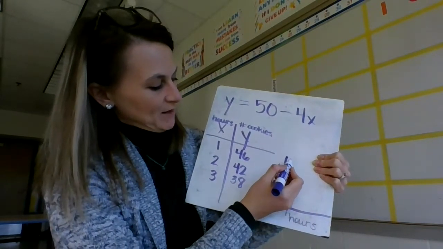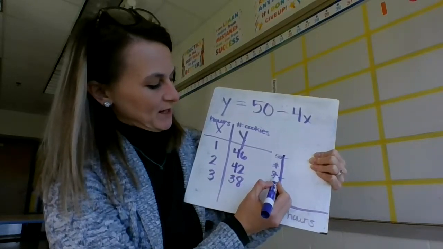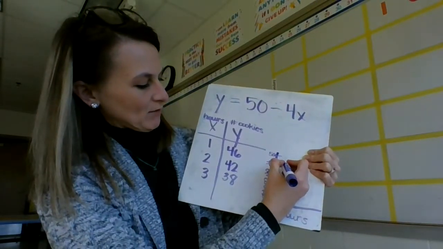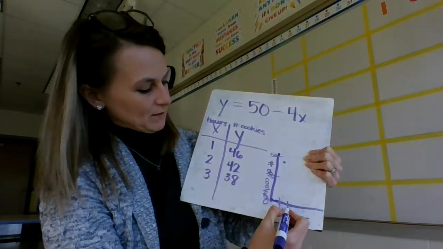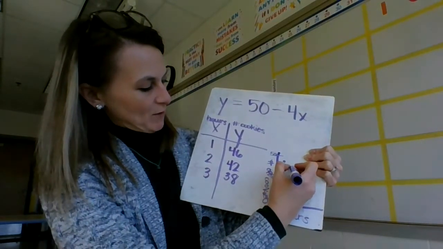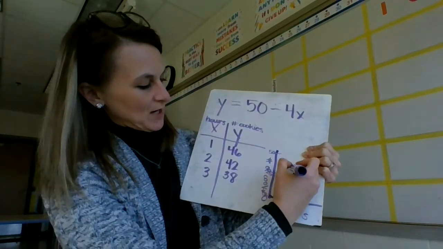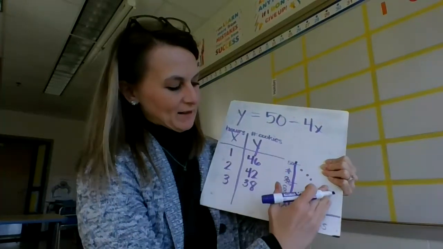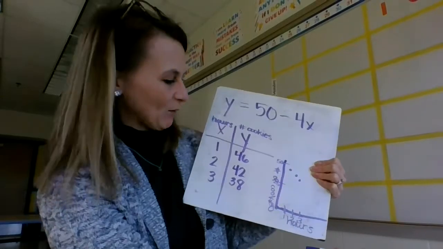So I'm just going to have this be 50 up here. I'll have this be 25. Okay, so after 1 hour, she had about right here, 46 cookies left. After 2 hours, she had about 42. After 3 hours, she had about 38, and then it keeps going down by 4 as the hours go by. So it's declining. The cookies are going down as the hours go by.